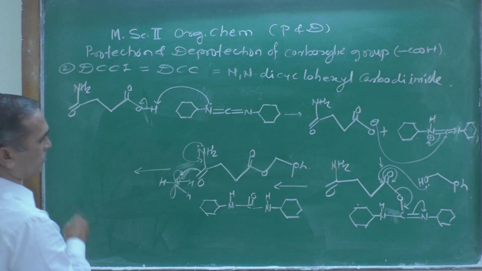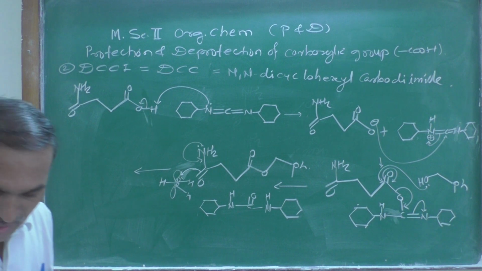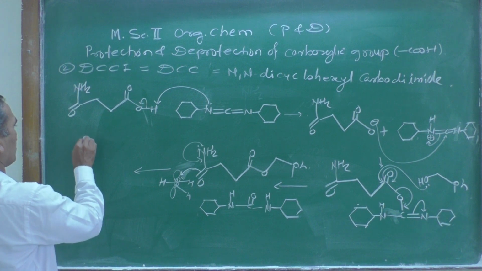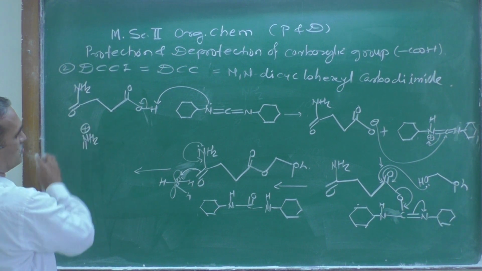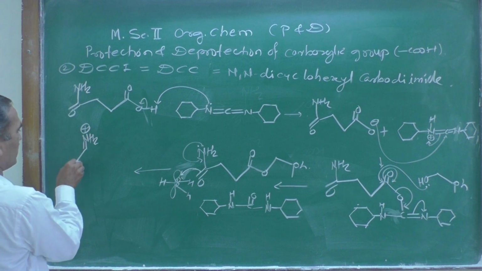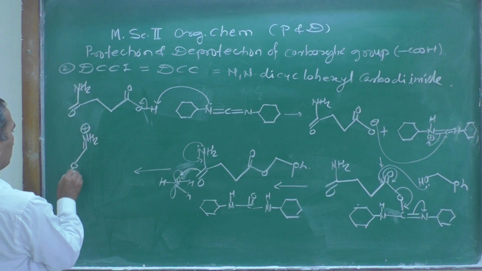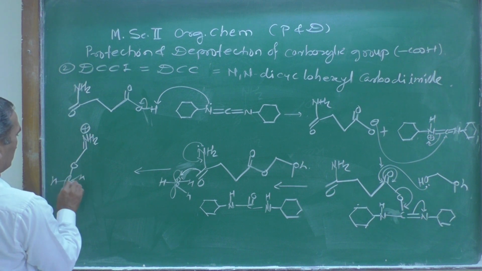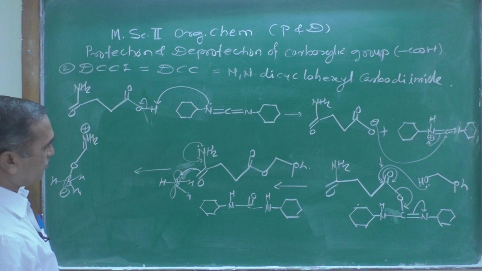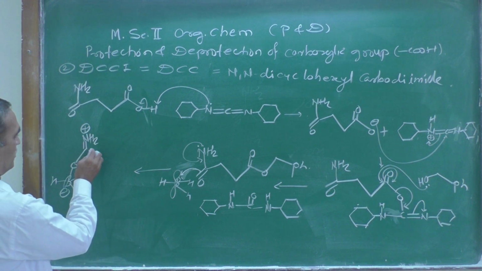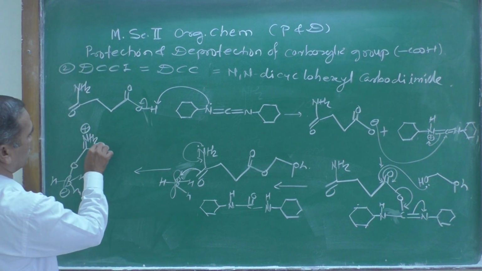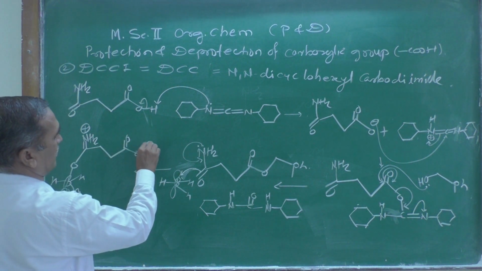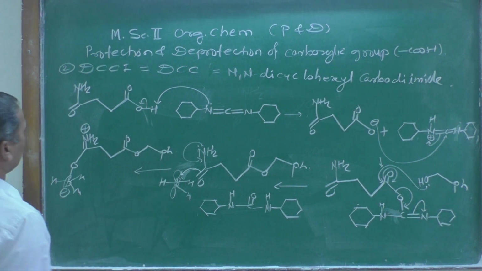We can show it like this with an arrow. Next, what is going to happen here, NH2 double bond, positive charge comes over there, then this oxygen atom, B, there is a boron, then H minus charge develops on that boron atom, and then this CH2, then double bond O, and then this benzyl group, right?